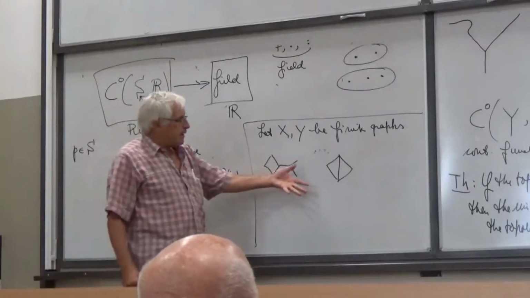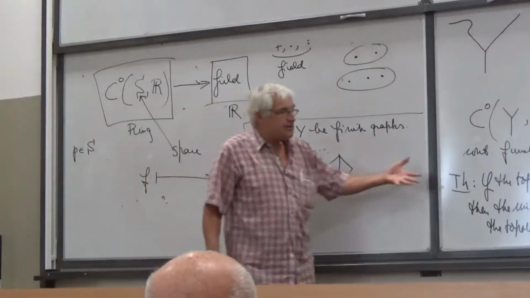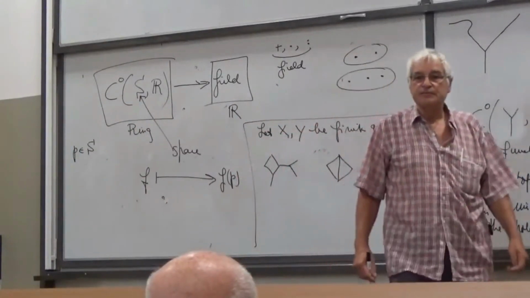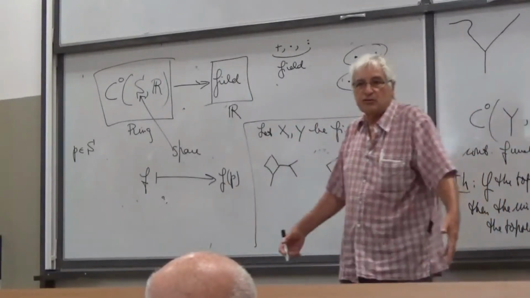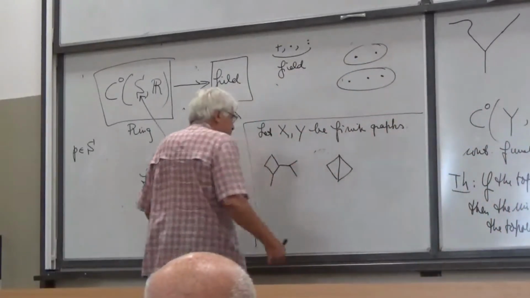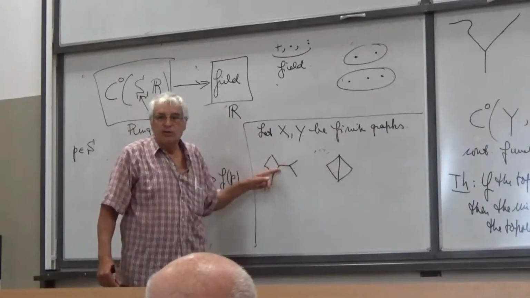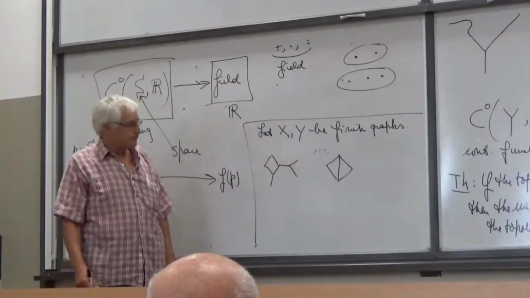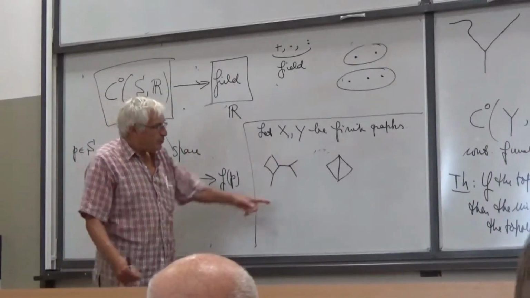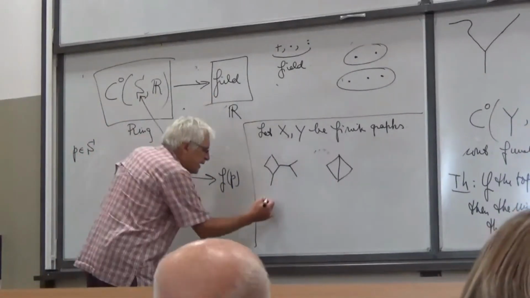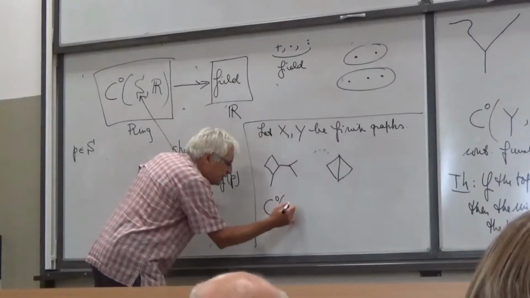Then we know already that the rings are not isomorphic, because clearly they are not homeomorphic. But what I can do is give another meaning to this thing.